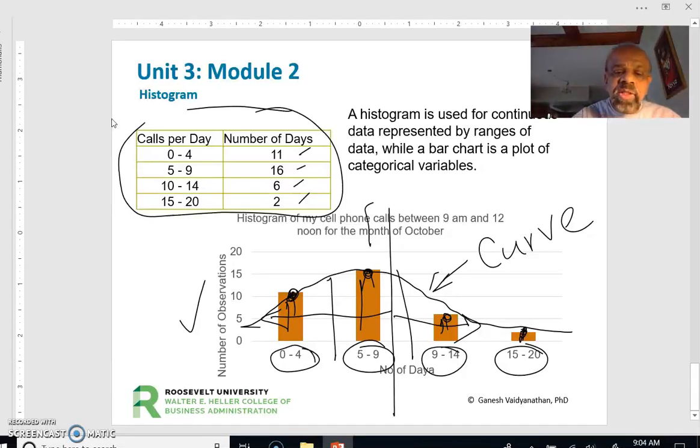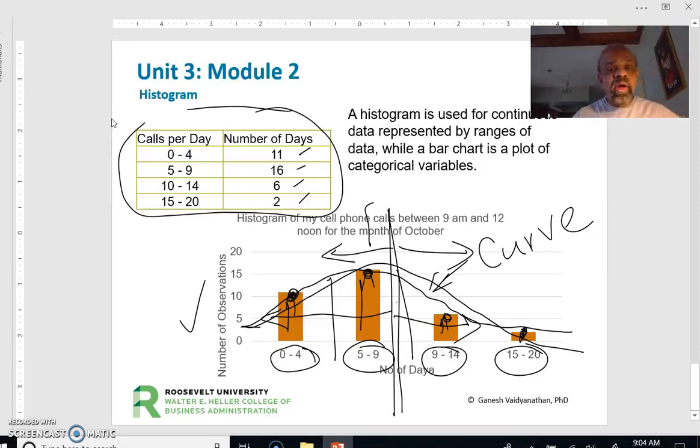So if I take this line here and move it like a normal curve, I can think of it as having the mean here, and my variances are a little broader in the sense. So that is what we are going to do next. We are going to talk about mean and variances and things like that. I just wanted to give you a quick heads up on what we are going to talk about.